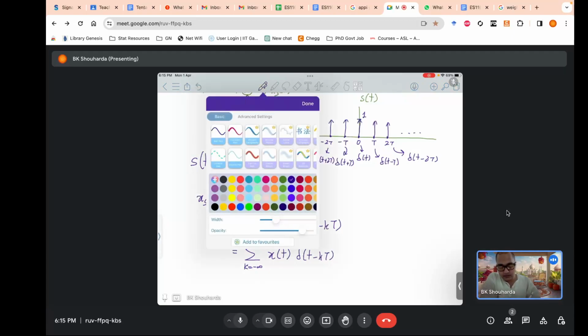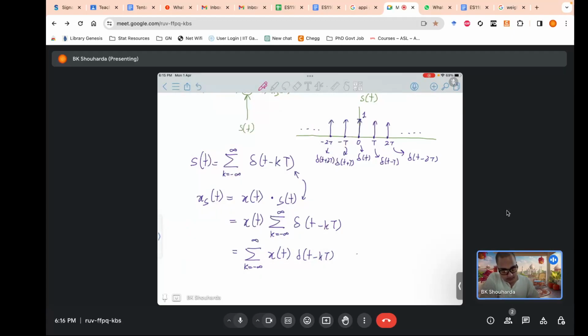What is the shifting operation? The shifting operation means x(t) times delta(t minus a) equals x(a) delta(t minus a). So the Dirac delta function only selects the value of x at the time instant where it is located. This delta function is located at time instant a, so it captures the value of x at a and removes everything else because the function is 0 everywhere else.